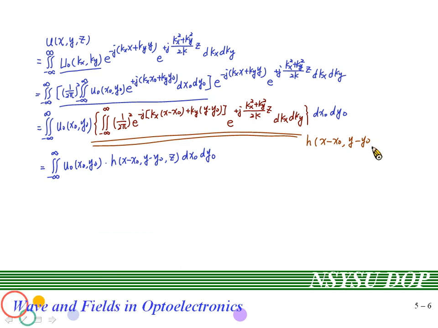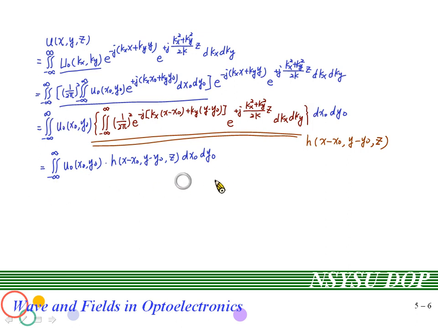So I shall correct here with one more parameter z. Okay? So, as the first integral shown here is represented by the h function, the total equation can be rewritten in this way.